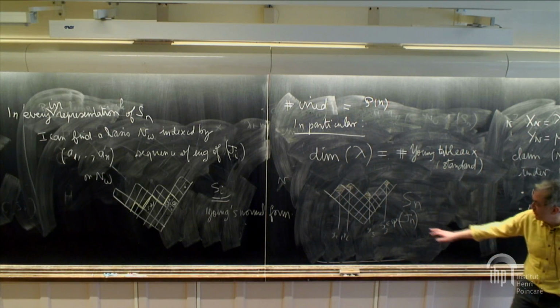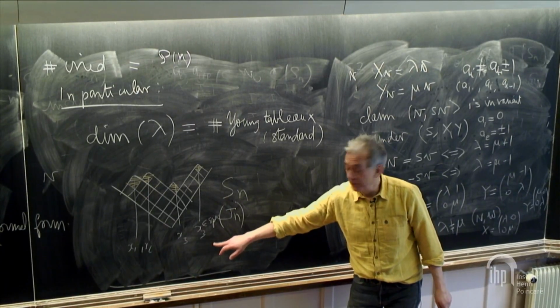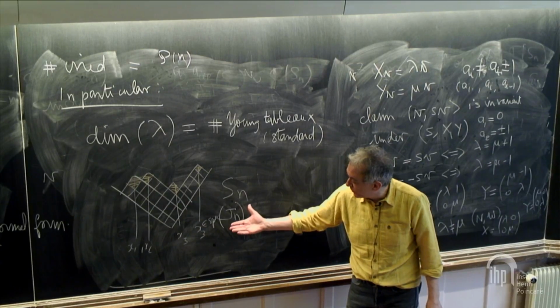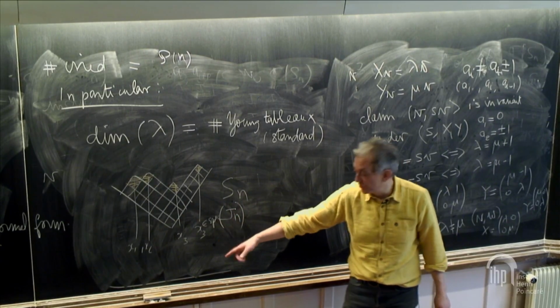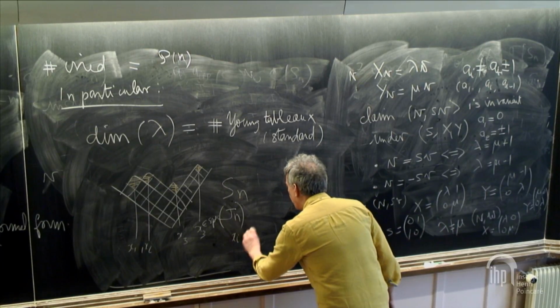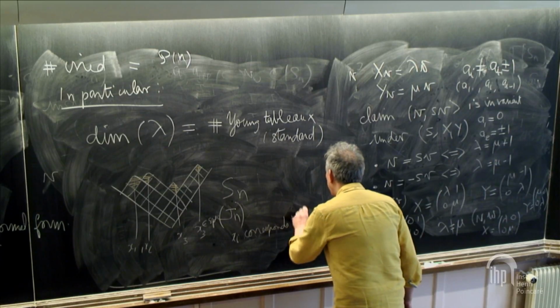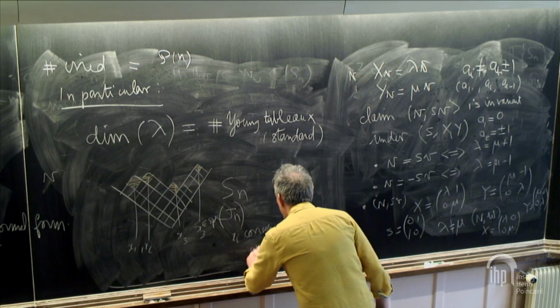So the spectrum of Jn will consist of these 4 eigenvalues, and each eigenvalue, say xa, corresponds to an eigenspace.